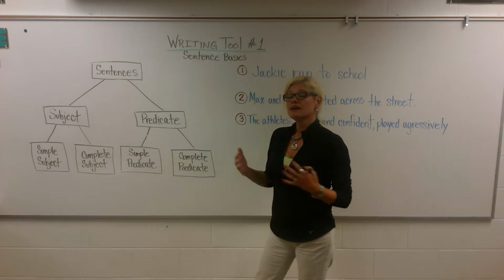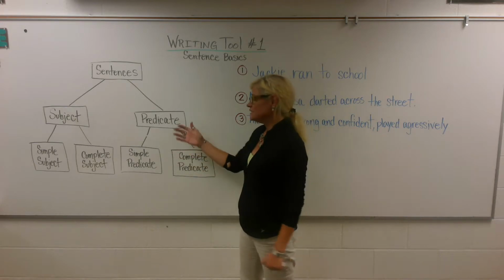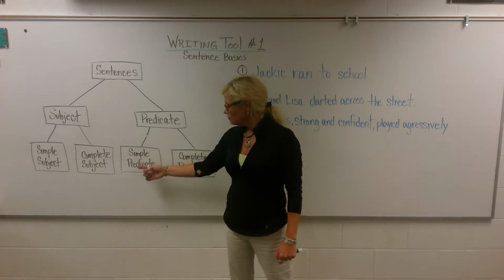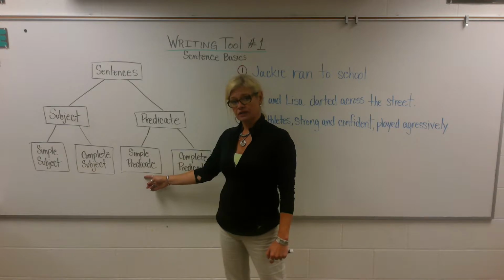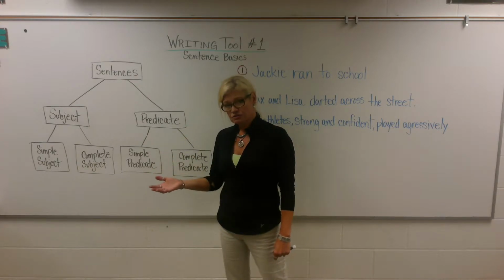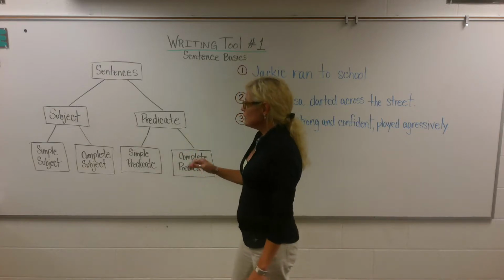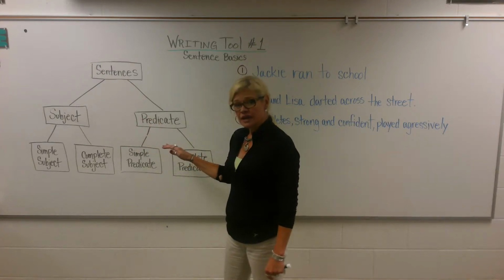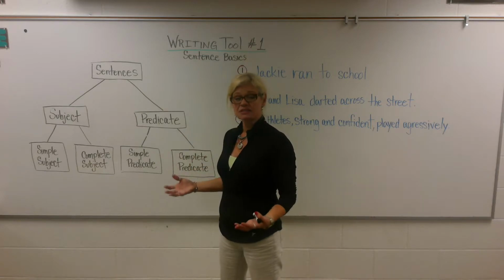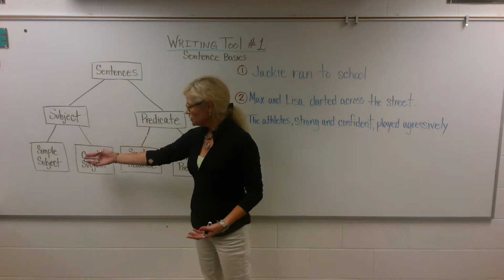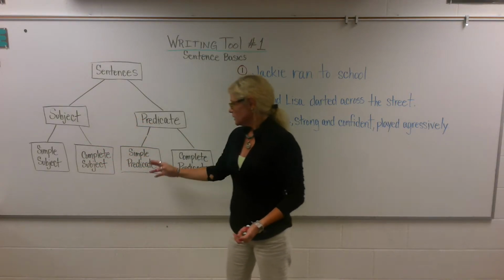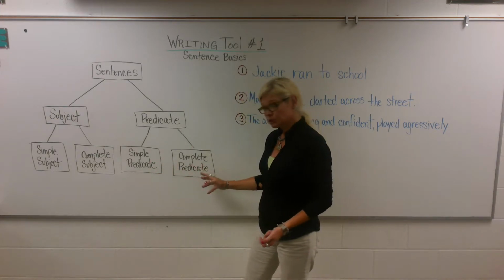Now, you may have called it a verb. The predicate is the action of the sentence, the simple predicate. So familiarize yourself with that connection, okay? So what we want to do is be able to identify these parts and be able to dissect a sentence for the simple subject, the complete subject, the simple predicate, and the complete predicate.